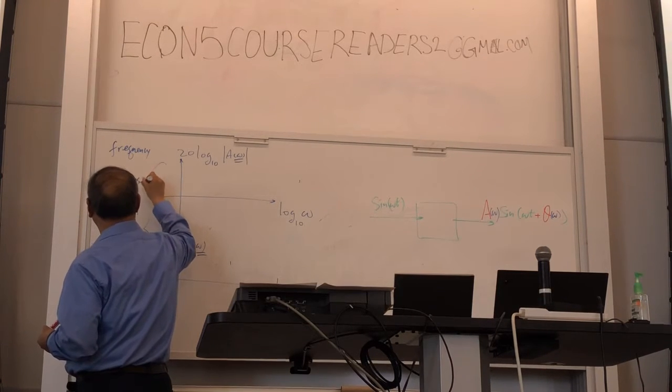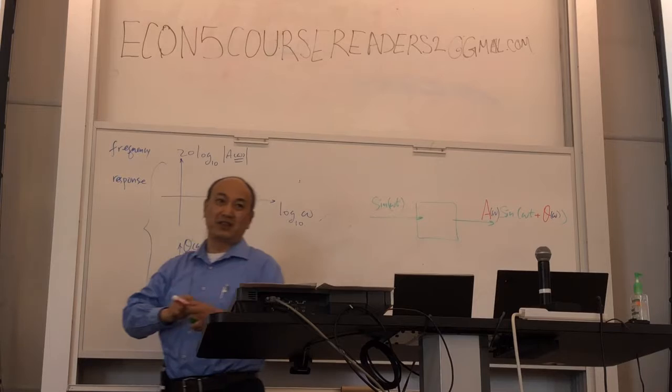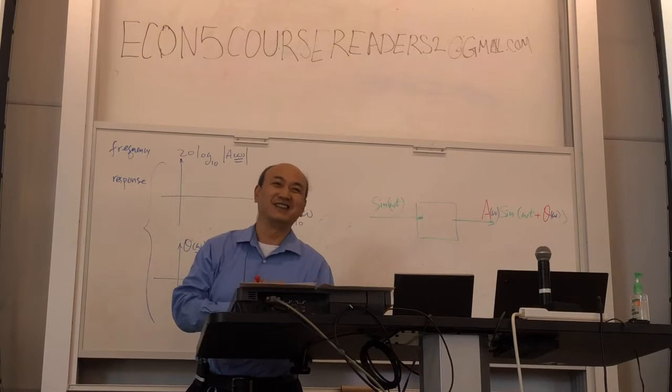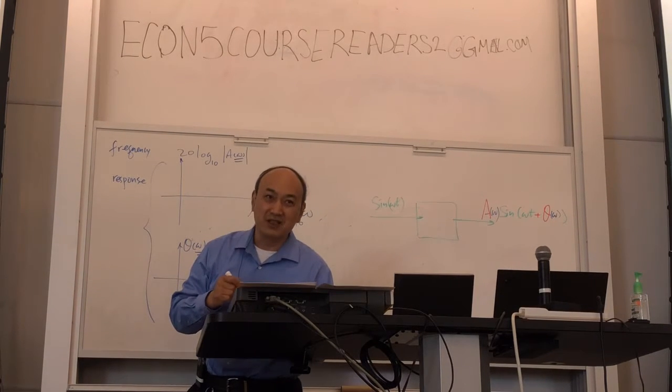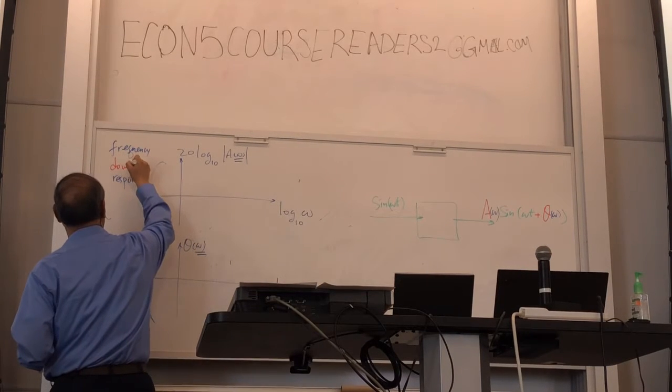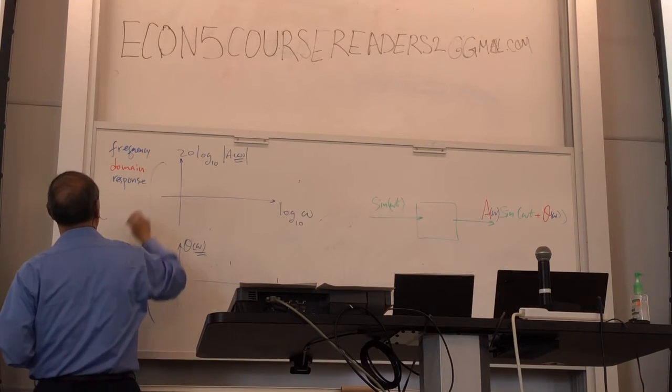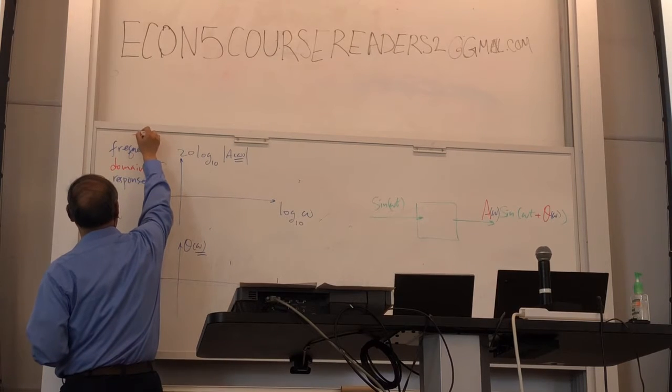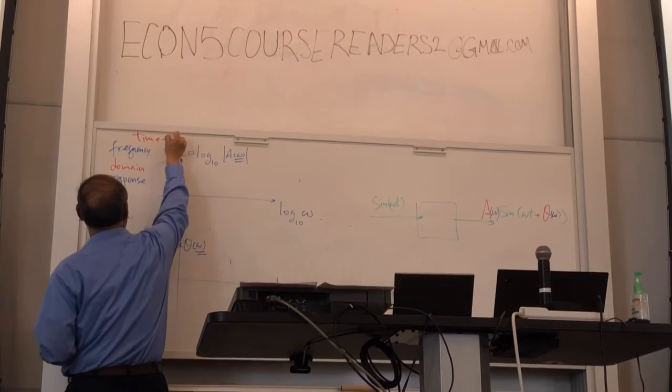But if you wanted to say it 100% correct, you should say frequency domain response. Okay? Previously we talked about time domain response.